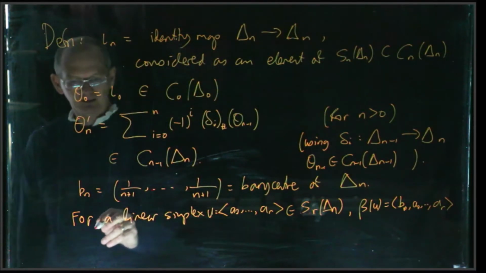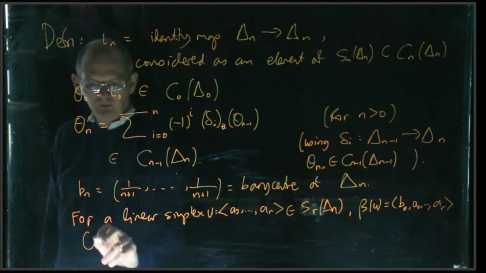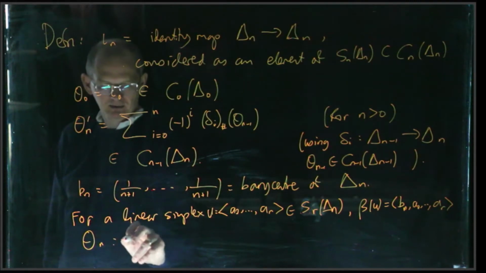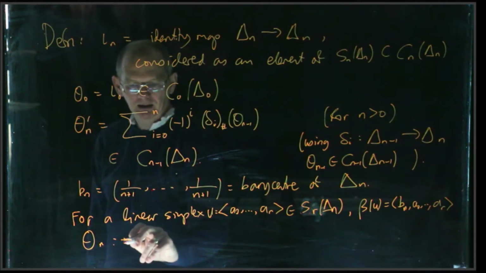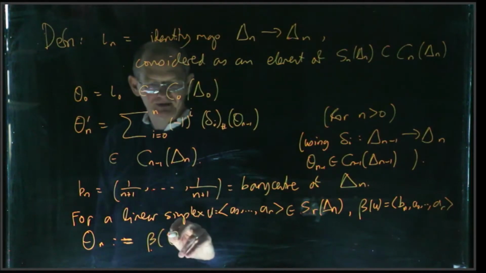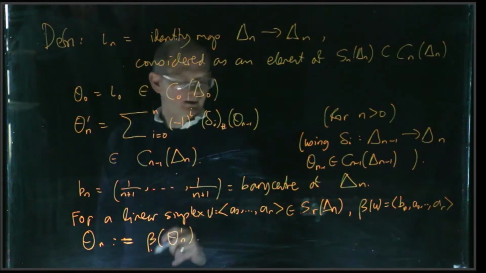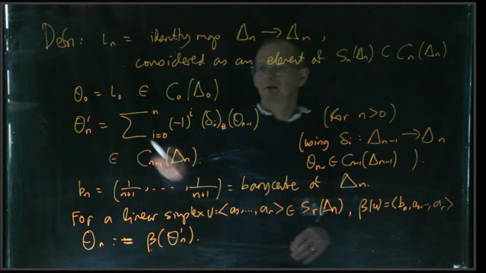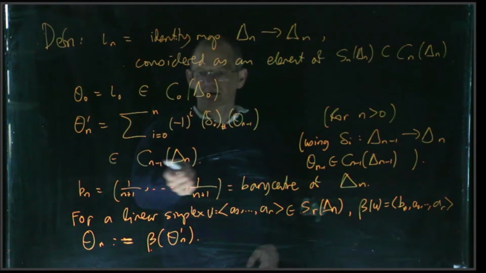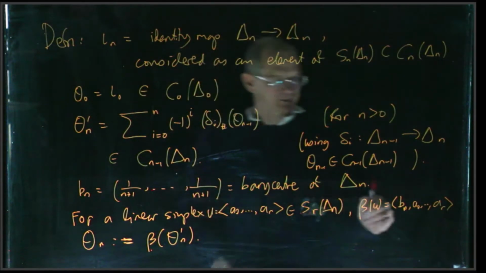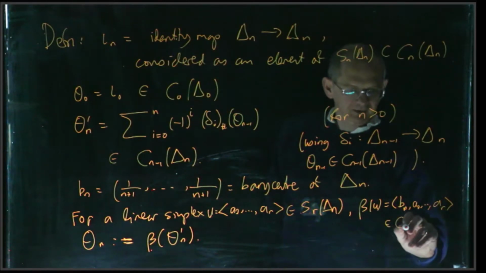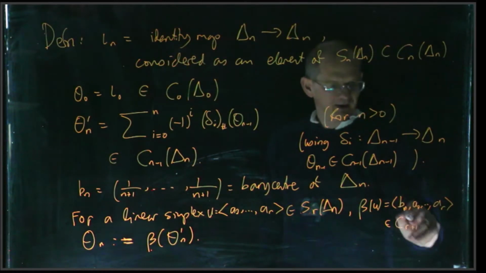So this is what we do for a single simplex, and then we extend that linearly in the usual sort of way. Okay, and now we're going to define θ_n to be β of θ_n'. In other words, we do this prescription to get this element. Notice this has gone up by one dimension because you added an extra thing.